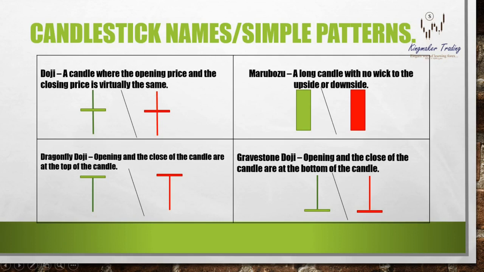You can see in this picture that the opening price and the closing price of this candle are almost the same. It can be a green candle or a red candle, it doesn't matter. It just needs the opening and closing price to be virtually the same, and it can have a wick to the downside or the upside. Okay, to both sides to be exact.